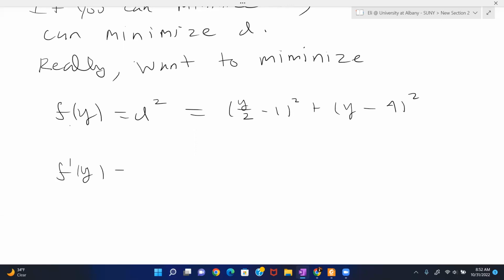So we take the derivative to find the critical points, and this is where you could have a minimum or maximum. For this we use the chain rule. So we bring the 2 down, (y squared over 2 minus 1), then reduce the power by 1 to get 1, and then take the derivative of the inside function, which will be y, and then the chain rule again, times 1.